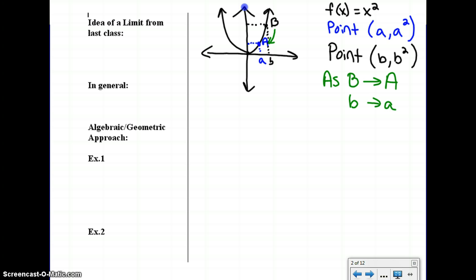And remember, a is the one that we actually wanted to find the slope at. So it's a good thing that our b is going to approach a, and our little b is going to approach little a, because a is actually what we want to find. We want to find what the limit is at a, or what the instantaneous rate of change is at a.